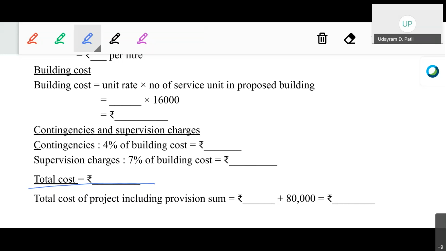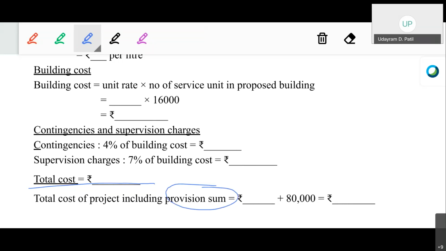Okay, and now as we know the total cost, the provisional sum will be added at the last. Provisional sum means, whatever construction we are doing by employing a third party for that particular service, we have to provide a certain sum, or put aside a certain amount, so that there will be no budget issue at the end of the project.